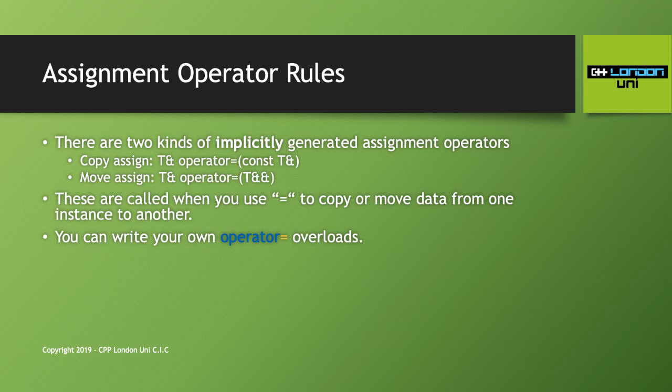I can write one that instead of taking my own type, takes an int or a string. That may not make sense, it depends on what you're doing, right? So in the case of my student class, I could have an assignment operator that took a string. That's probably not really helpful because is that the first name? Is that the last name? I don't know. Not really a sensible option.